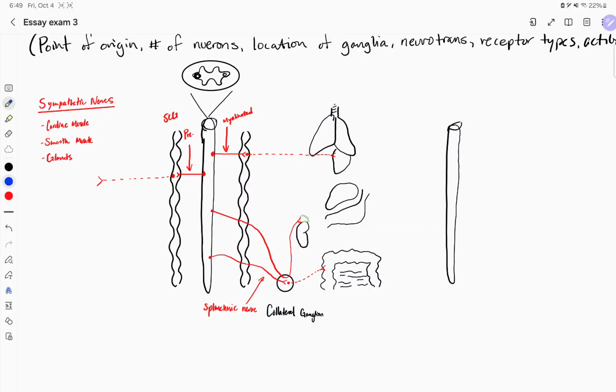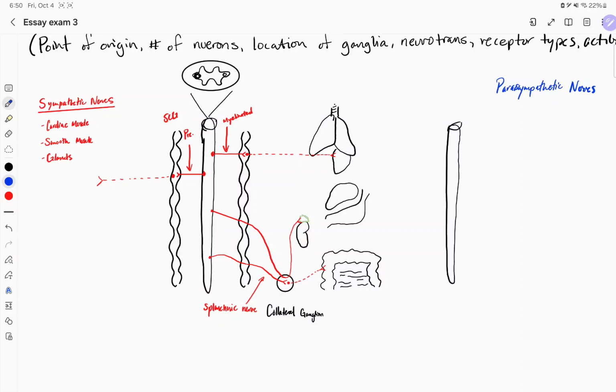Now we also have our parasympathetic nervous system. And specifically, these are found originating in the cranial or sacral regions of the spinal cord.